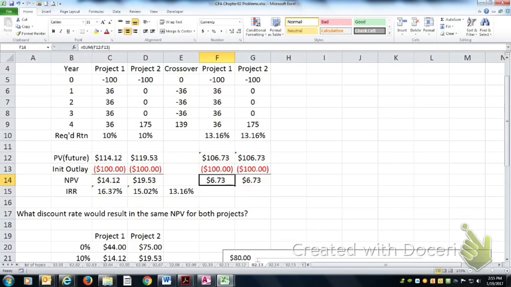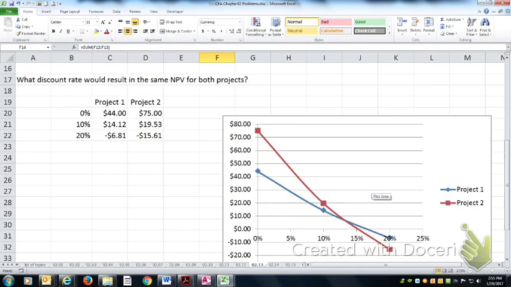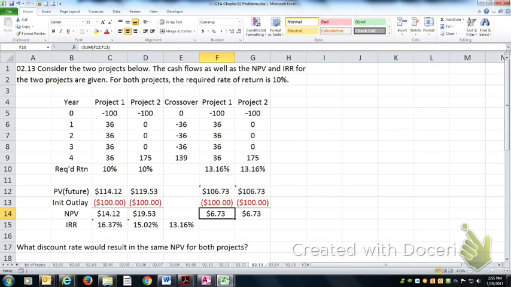All right, so if we go back here though, looking at a discount rate less than 13%, you're going to get a higher value for project 2 than project 1. At discount rates higher than the crossover rate of 13.16, project 1 will have the higher NPV relative to project 2.